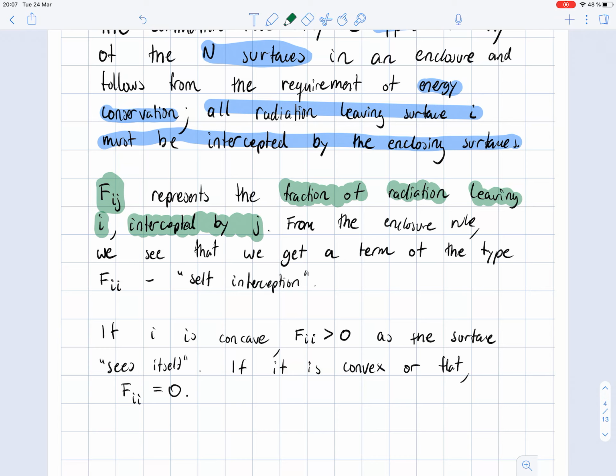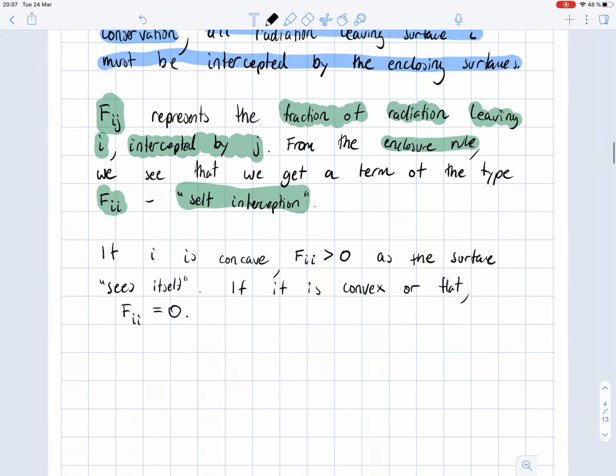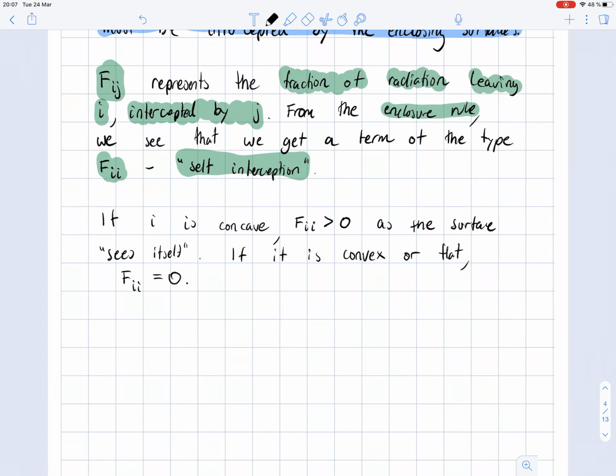An interesting point in that respect is that from the enclosure rule, we get a term of the type Fii, which is self-interception. We could imagine it if we have a system of 3 surfaces.